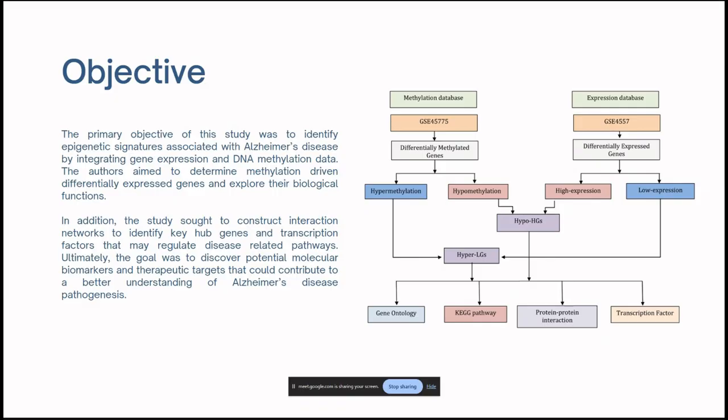This dual analysis allows the author to identify methylated differentially expressed genes that are both methylation altered and differentially expressed in Alzheimer's disease and control brain tissues.